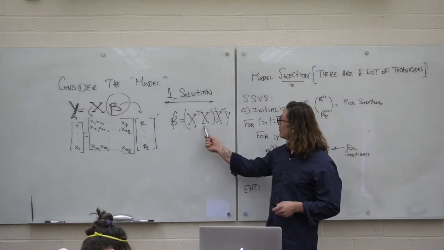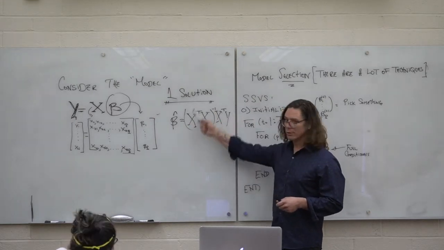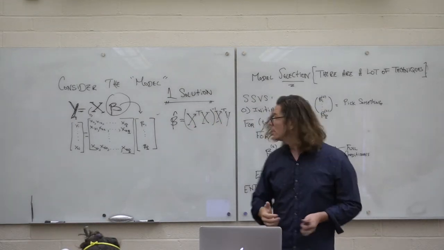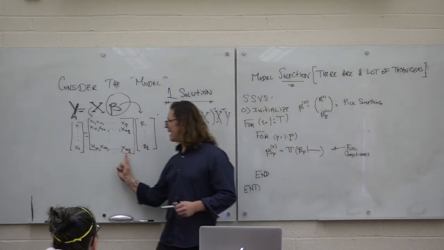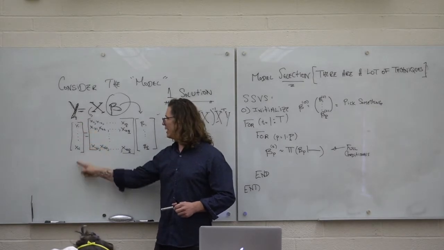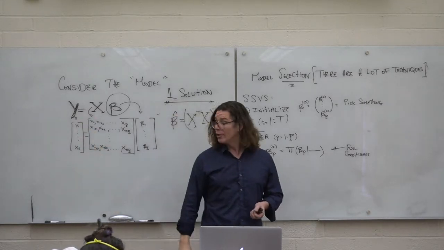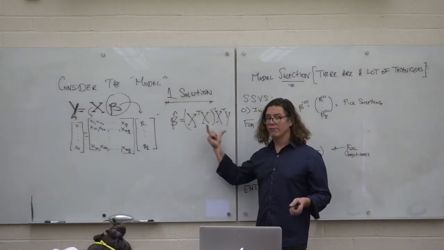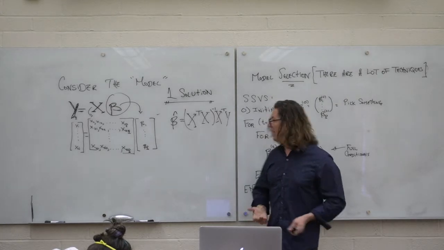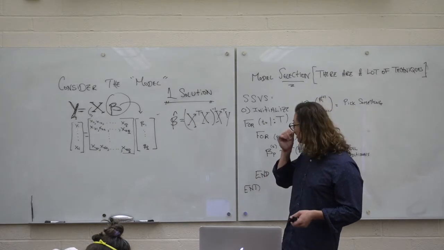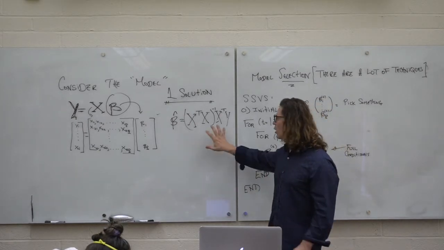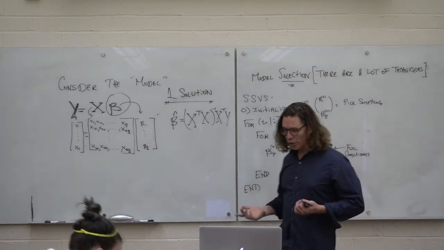I want to point out that we do need to invert a matrix right here, and sometimes that's not possible. For instance, if p were bigger than n, the number of data points I have, this matrix will not be invertible. You won't be able to fit it. It is not full rank, so this solution does not exist, and you might not always want to work with it.